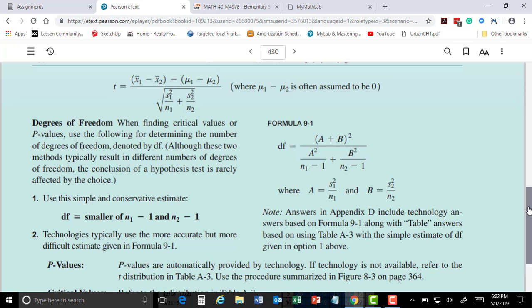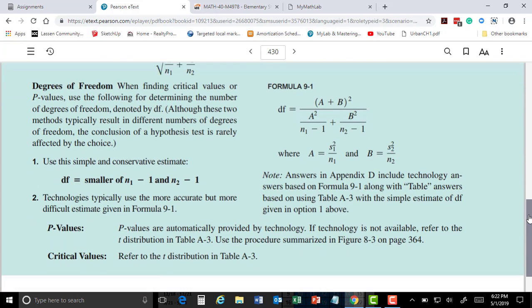This plus this, that amount squared, divided by that will give you the degrees of freedom. Do you remember what the degrees of freedom was with one sample? Just n minus 1. Here we have n minus 1 and n minus 1, but because they're combined, it's different. It's not so easy.